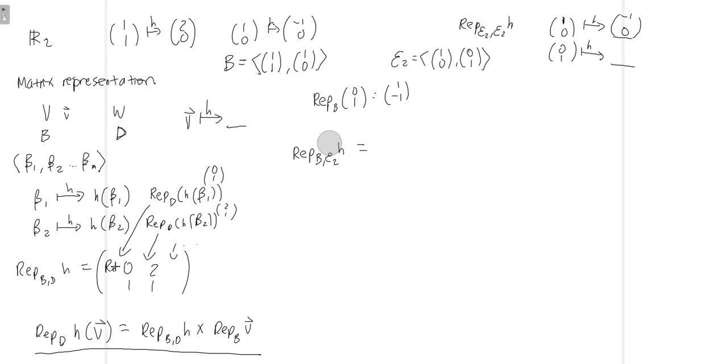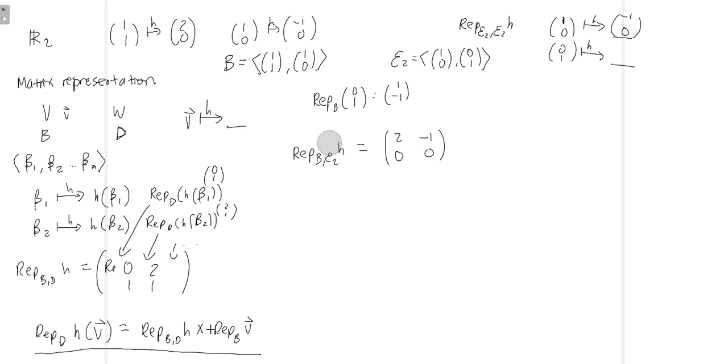We can write this as just the adjoining of all of these. So this is the matrix with rows 2, 2 and 0, -1, 0. Okay, so we have this, and we also have the representation of (0, 1), which equals (1, -1).